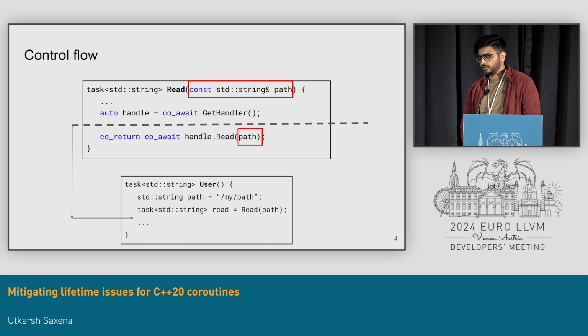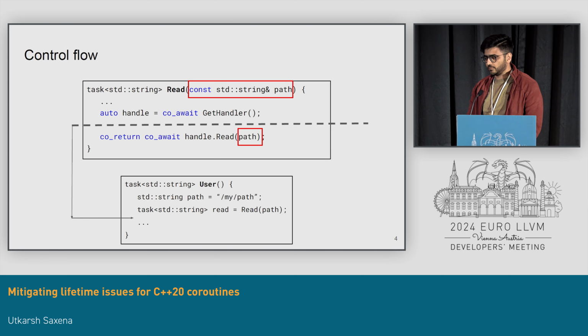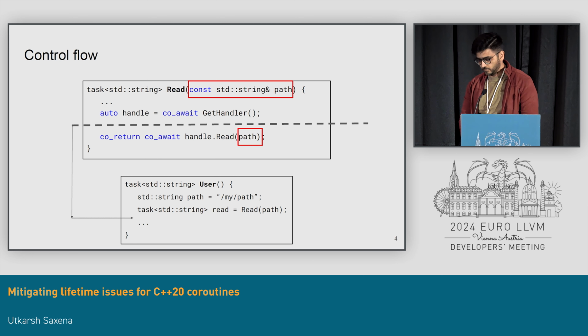The read coroutine accepts the string reference and stores it in its state, and it executes until its first suspension point is reached. The first suspension point is the co_await get handler, and at this point the coroutine suspends itself and returns the control back to the user.